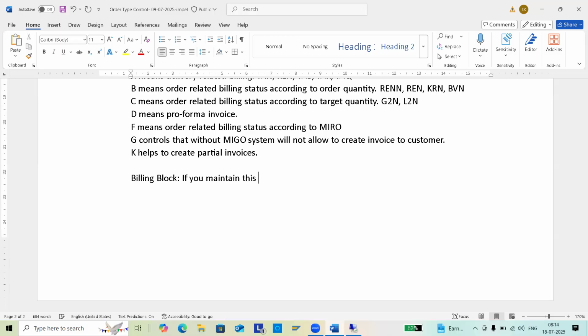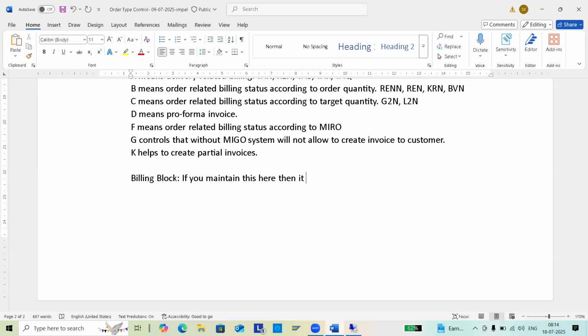Item category. Okay, so the item part we are discussing, right? Then what can be the use of this billing block?